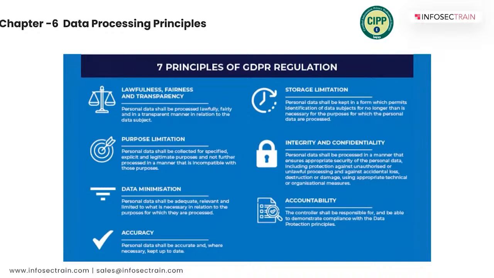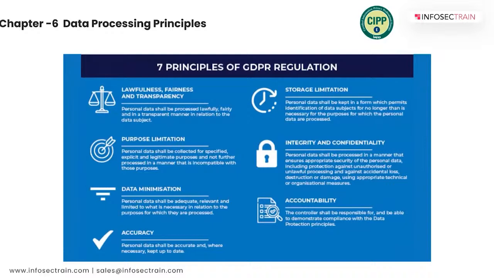So you provide a privacy notice, inform them about the processing activity, what the purpose is, how long you're going to retain it, with whom you're going to disclose the data, whether there is an international data transfer, how you are going to protect the data, and what rights the data subject has to exercise. If you transparently provide this information, then you are upholding the transparency principle. So this is the first principle of GDPR.